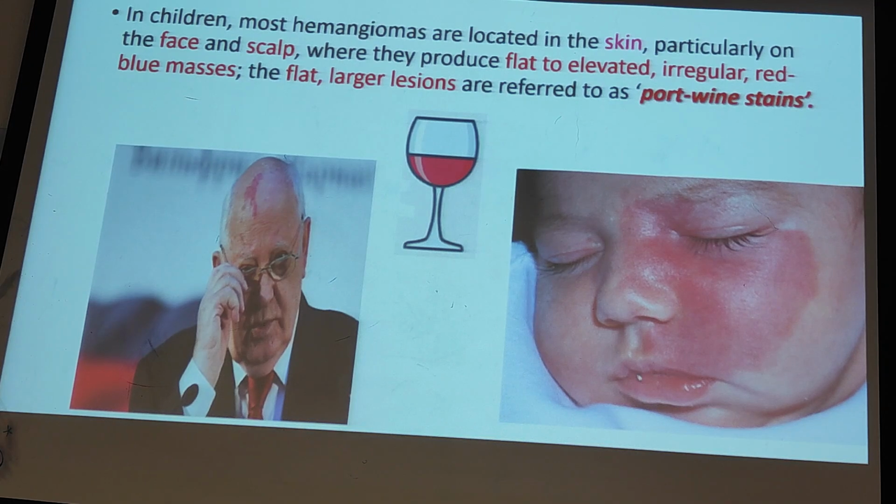It may be flat or elevated, maybe irregular, and different colors, red, blue masses. Some of these lesions that are flat and larger are referred to as port wine stains because of the resemblance of these lesions to wine. Okay?